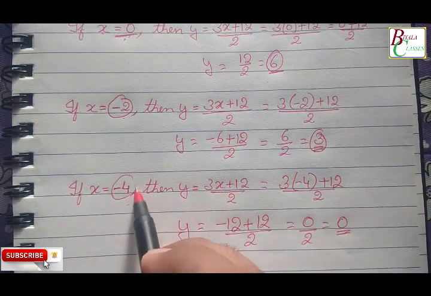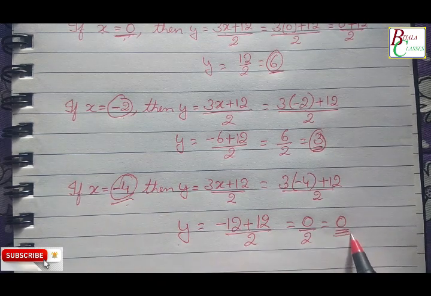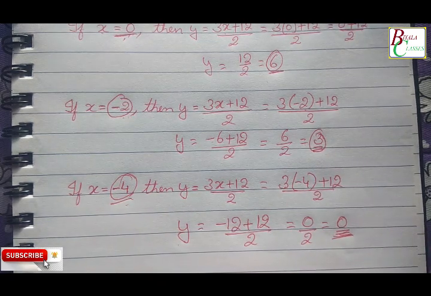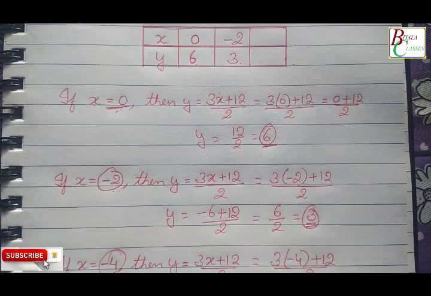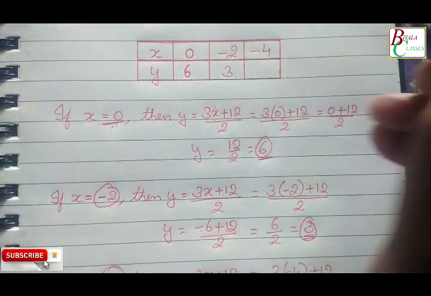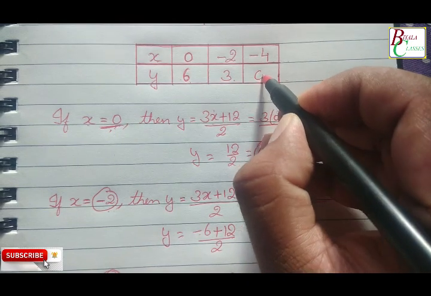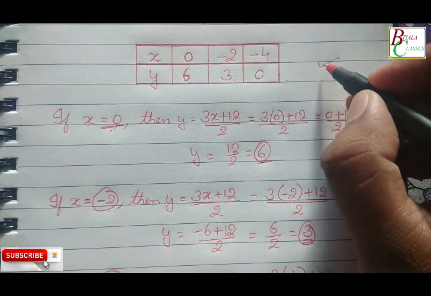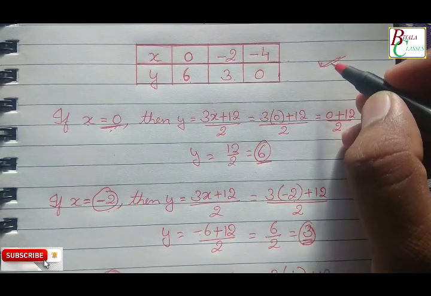So if x equals to minus 4, y is equal to 0. So let's shift this value also in the table. So it says that x equals to minus 4, then y equals to 0. So these are the solutions for the second equation.